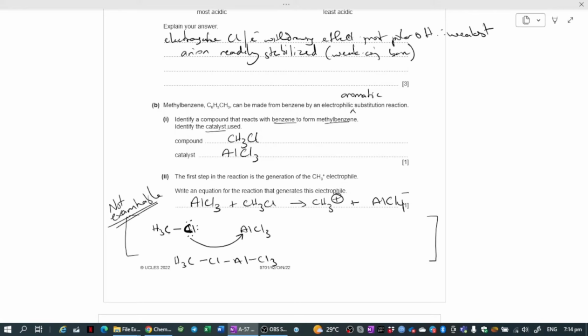This picks up a negative charge, and this picks up a positive charge. What happens is that this bond breaks heterolytically, and you end up with your electrophile CH3 plus and your AlCl4 minus. So this is mechanistically how these things form. Again, you don't need to know this for the exam.